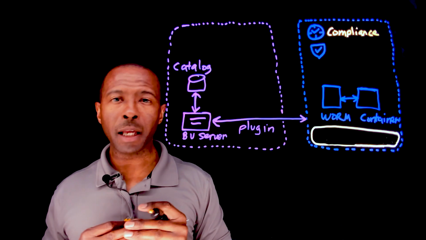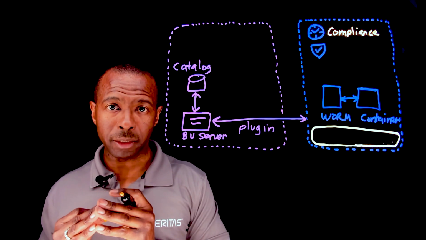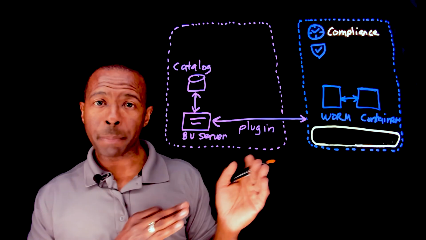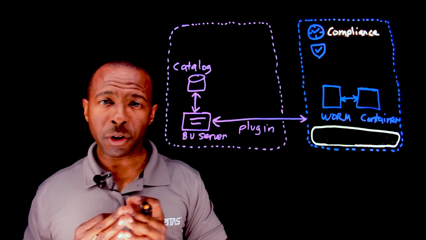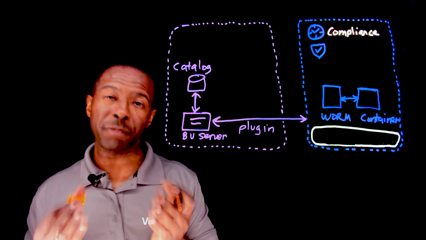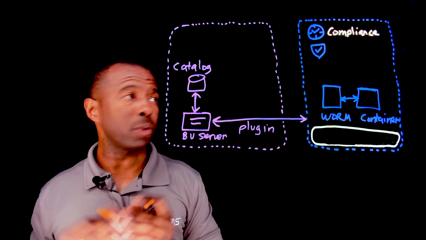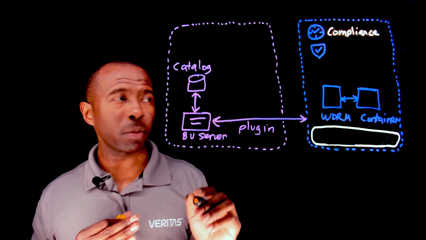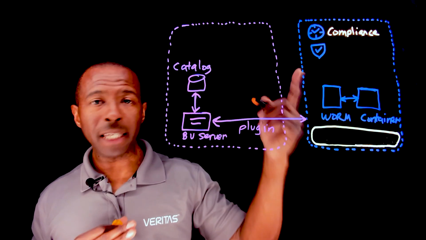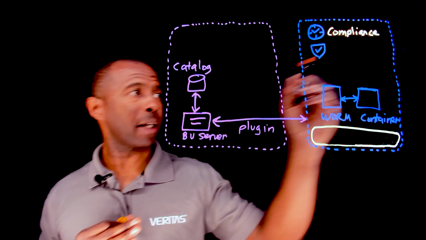A compliance clock is independent of your backup server's operating system, so that the kernel and the time on the kernel can't be changed, because if that happens, it will immediately expire your data and you will lose it.